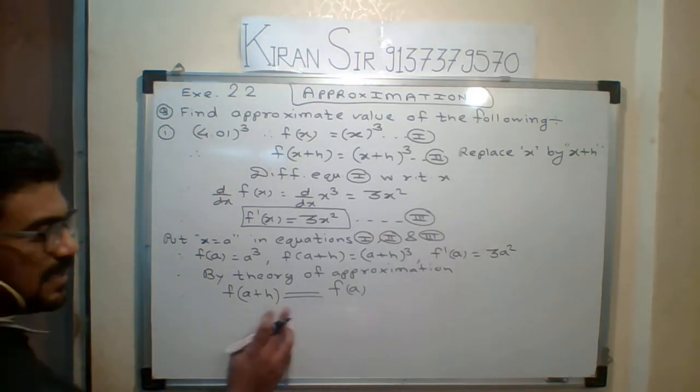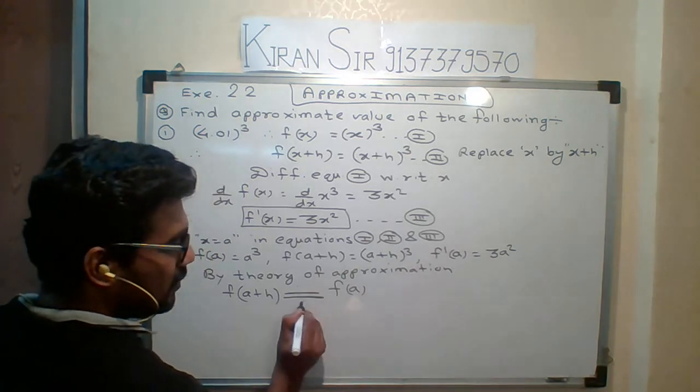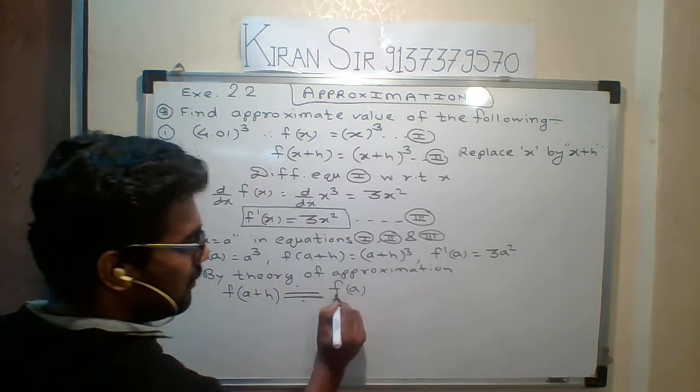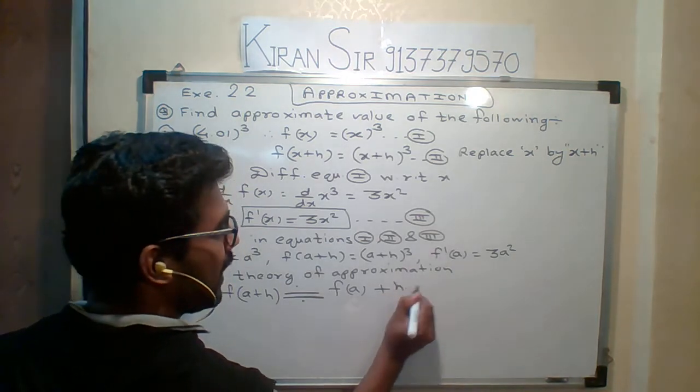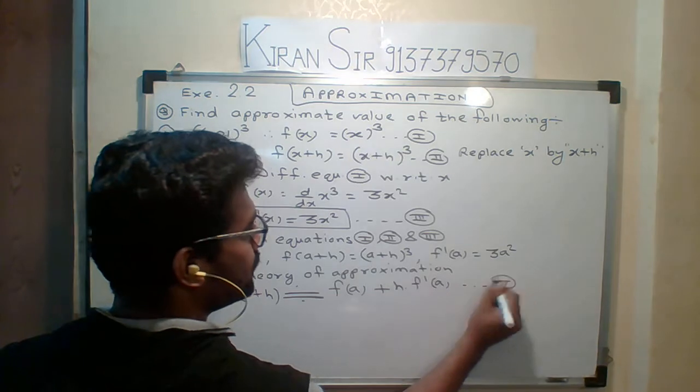This is the sign of approximation, two horizontal lines with 2 dots. So f of a plus h is approximately equals to f of a plus h into f dash of a. This is formula number 4.